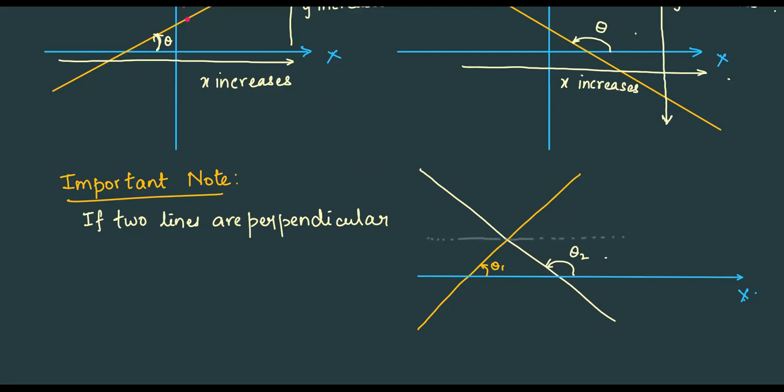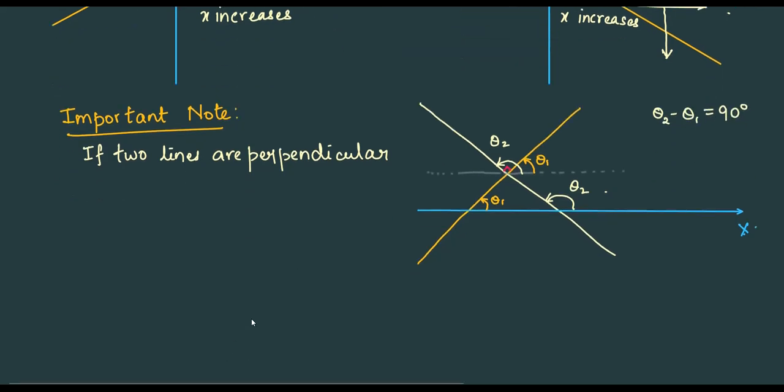So this angle is theta 2, corresponding angles. And this angle is theta 1. But the difference of the two angles is 90 degrees, which means theta 2 minus theta 1 is 90 degrees. If that is the case, what happens?